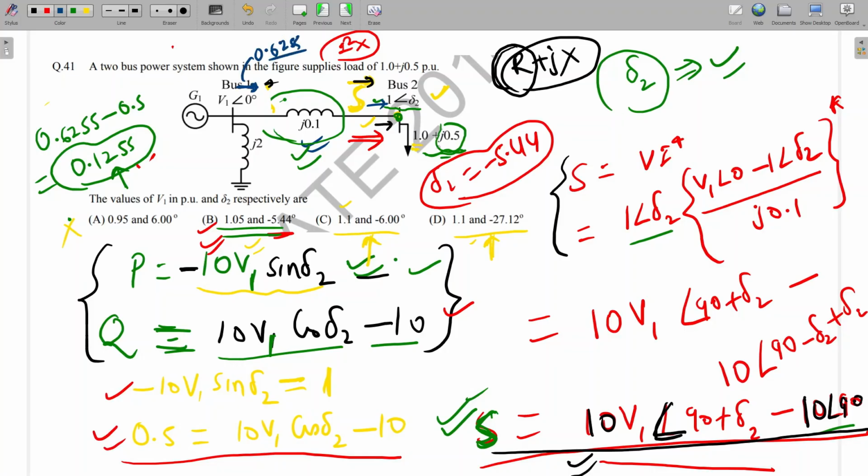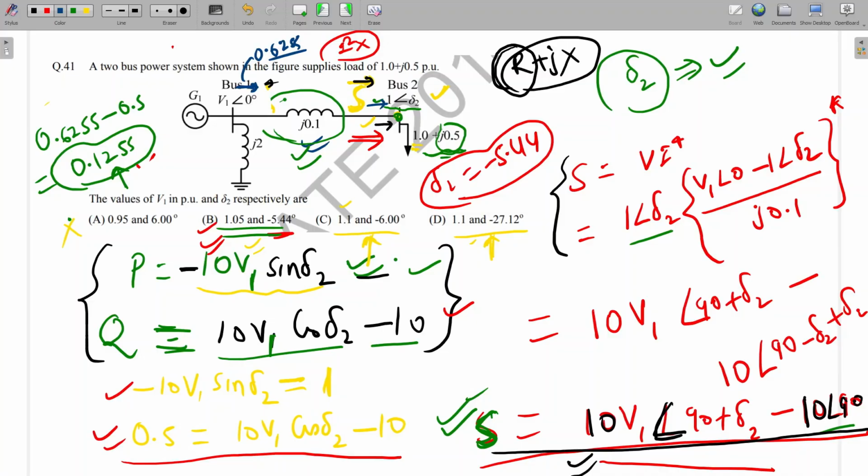Sir, you said that power flows from higher angle to lower angle. If we have a capacitive load, then power cannot flow? See, power will always flow from higher angle to lower angle. You can take any example: take two angles and calculate VI conjugate.